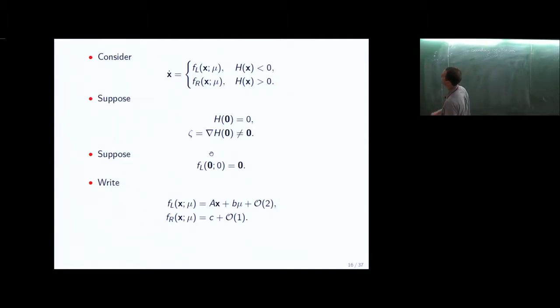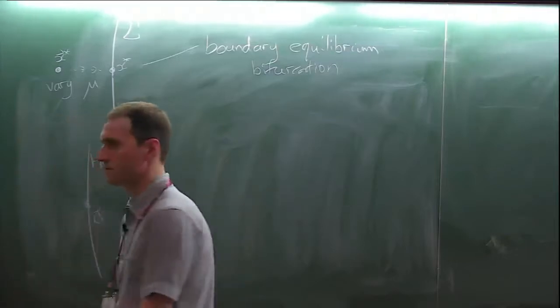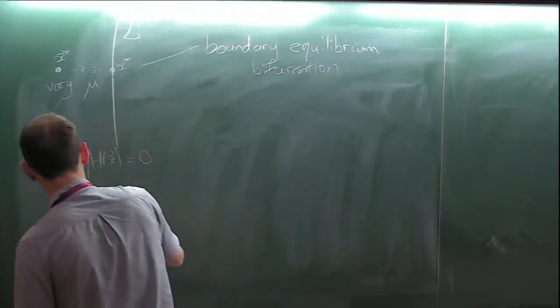So h of the origin has to be 0. I also need the switching manifold to be non-degenerate. So grad h has to be a non-zero vector at the origin. So, normal vector, it's not a very good normal vector. Let's try again. So grad h is a normal vector to the switching manifold.